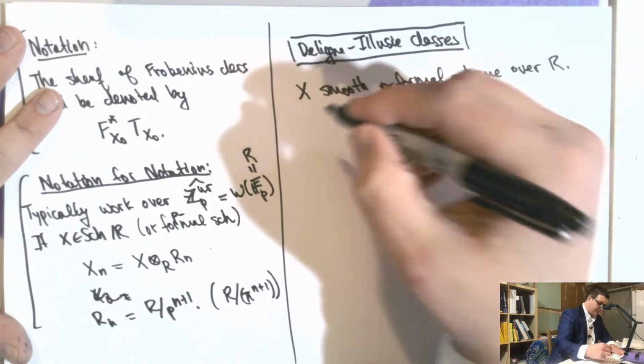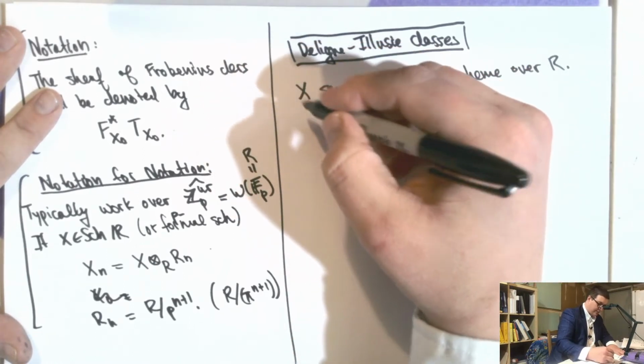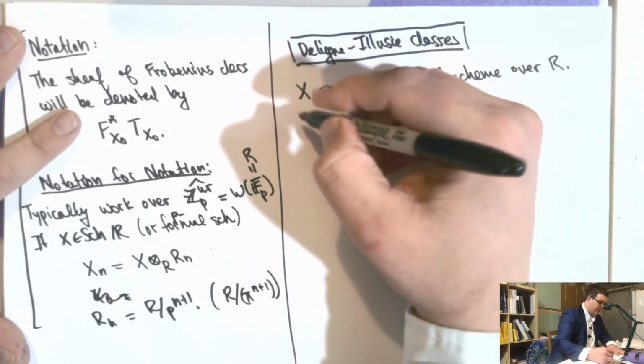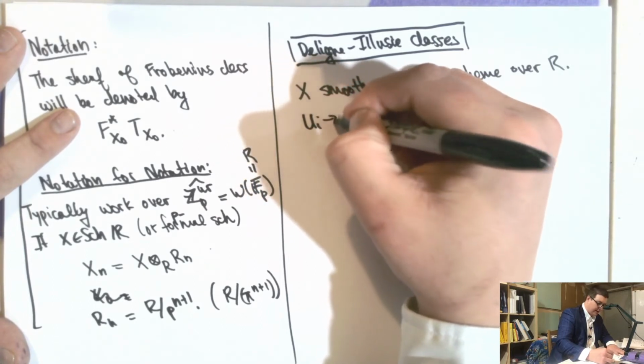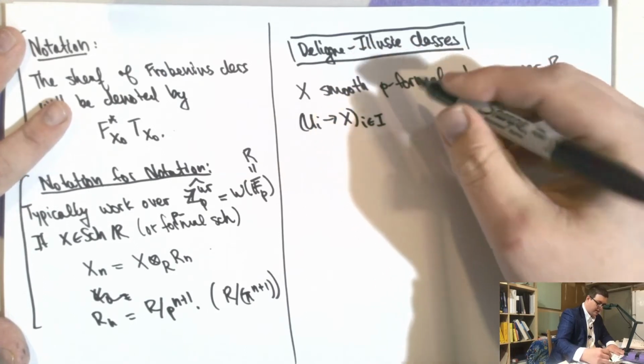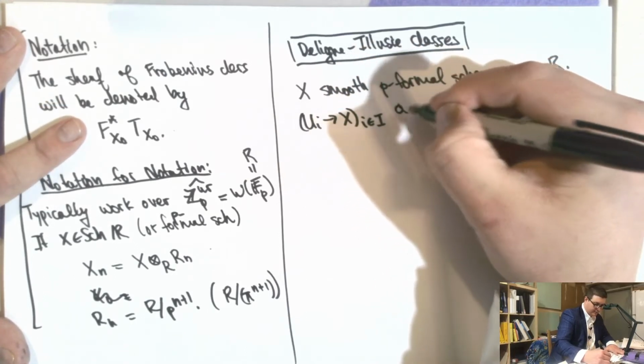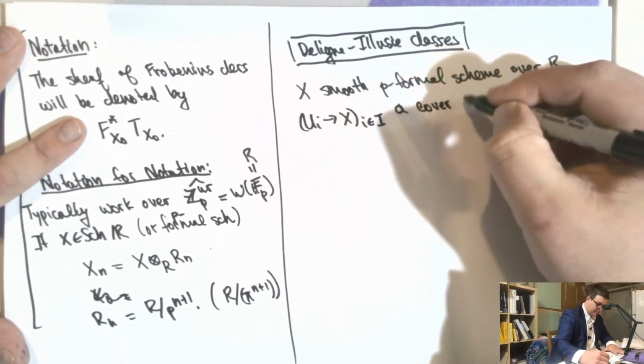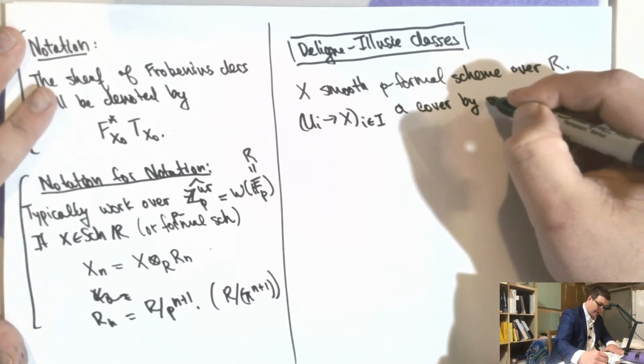I'm going to make the construction right now. Let U_i to X, for i in I, be a cover by affine opens.